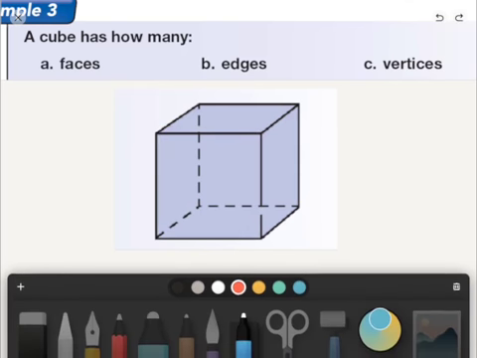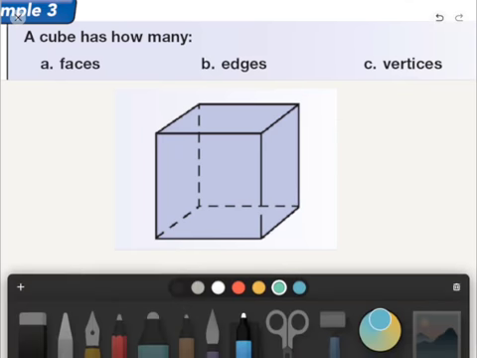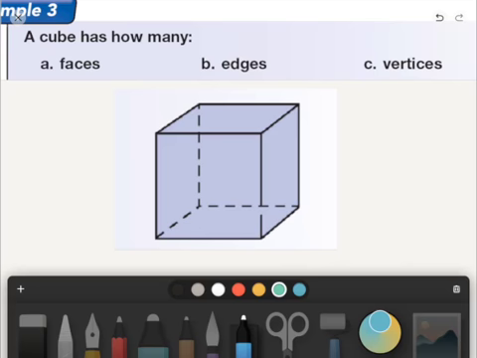Then the parts where two sides meet would be the edge. Two faces meet. And then let's see if we can find a better color.